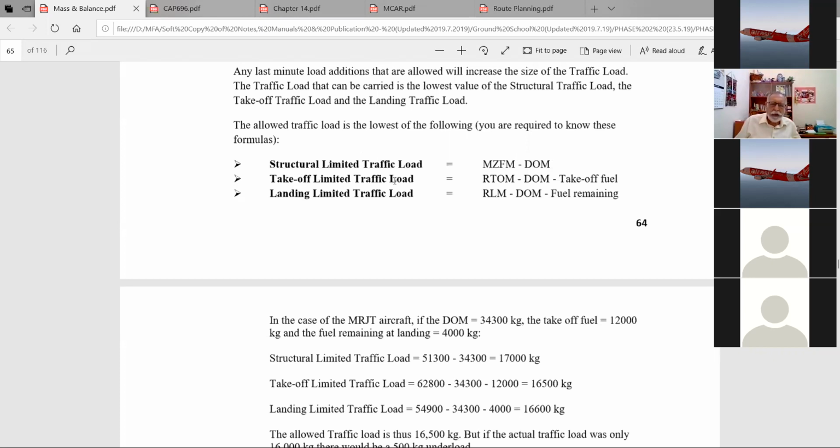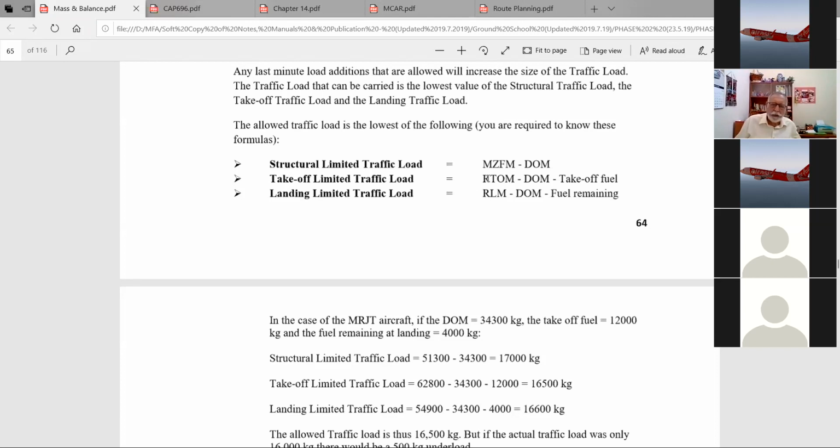Takeoff limited traffic load. Takeoff limited traffic load is RTOM. RTOM is regulated takeoff mass. If regulated takeoff mass is not given, I take my structural limited takeoff mass.